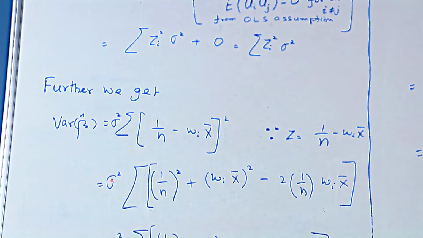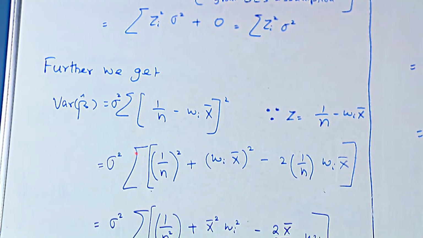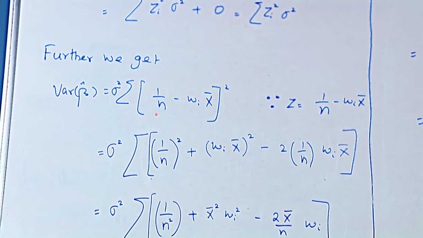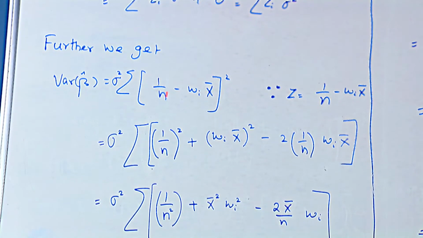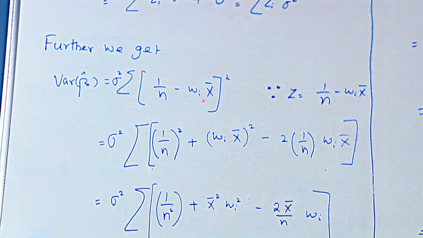Actually this is a minus b the whole square, so the expansion is 1 by n the whole square plus wi x bar the whole square minus 2 into 1 by n into wi x bar.